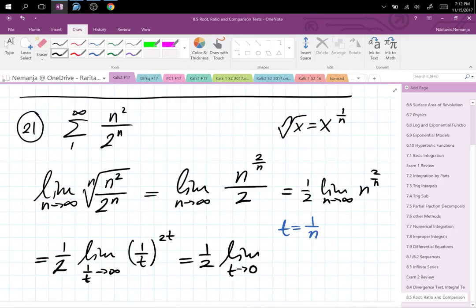Yeah, you still get infinity to do. And then I have 1 to the 2t, which is just 1 raised to the t to the 2t.